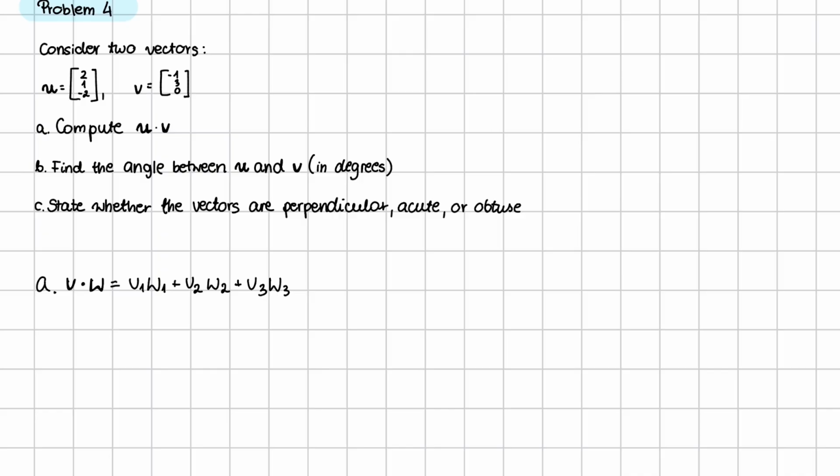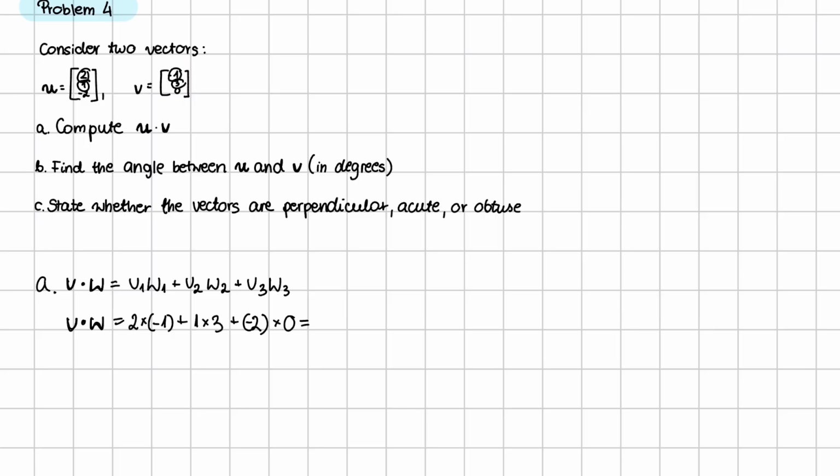So we can substitute our values and multiply them: 2 times negative 1, plus 1 times 3, plus negative 2 times 0.